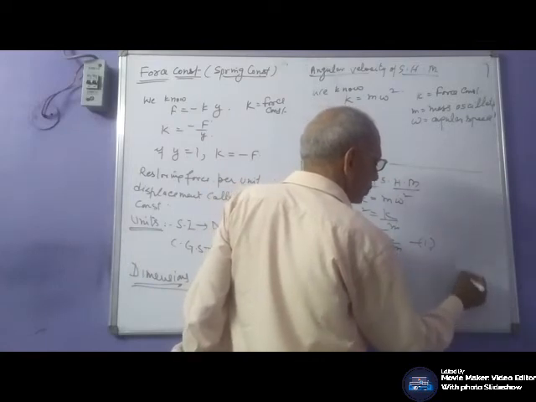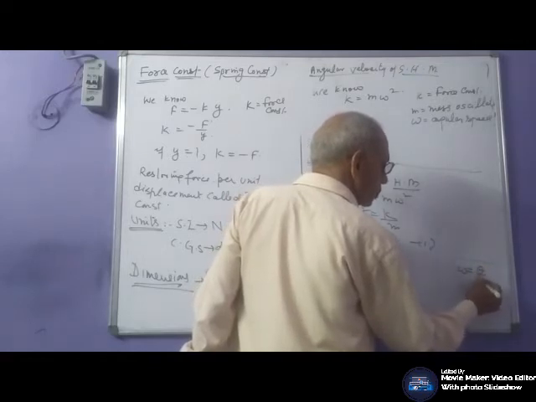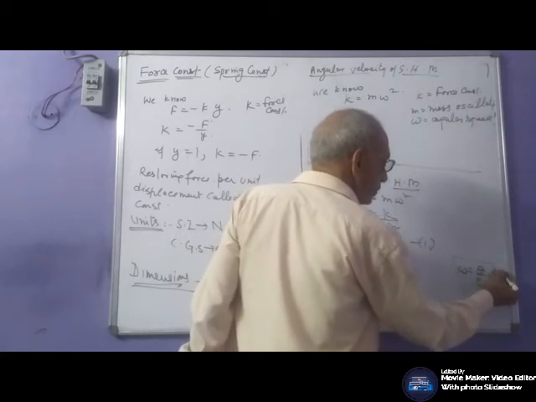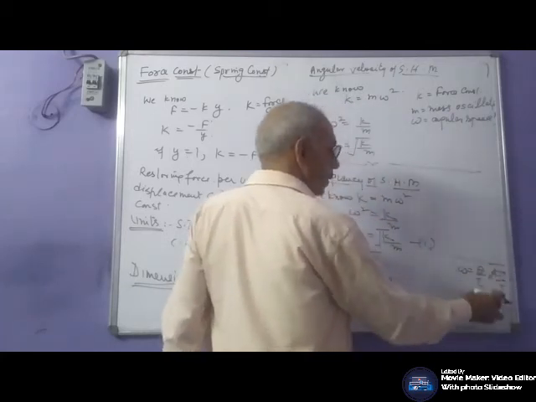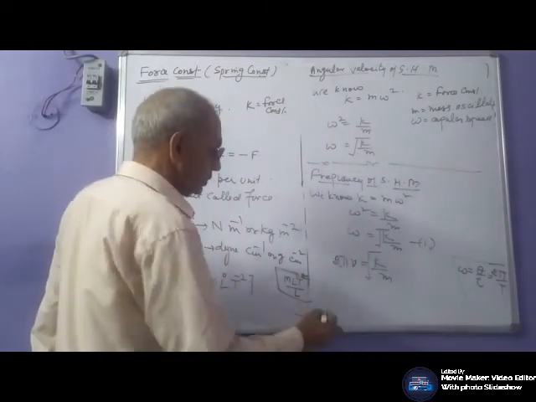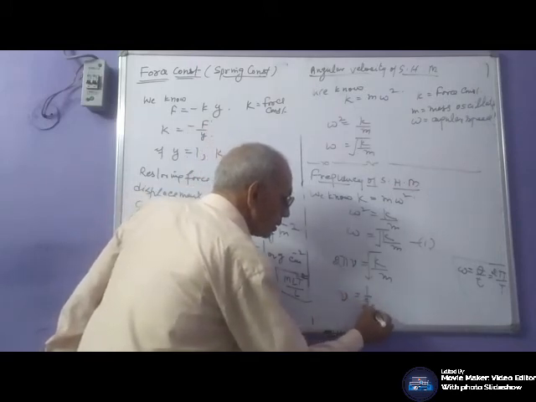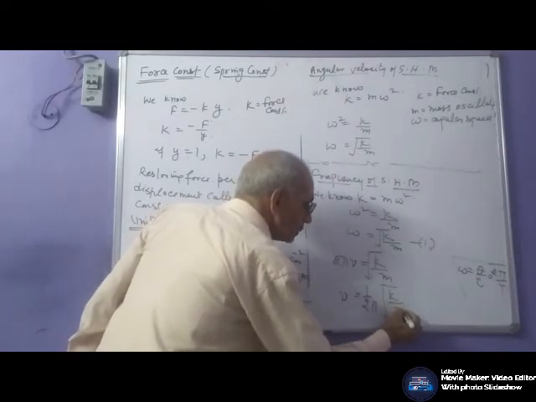Again look, omega is theta by t. If t is capital T, then the angle will be 2 pi, and 1 by T is nu, time period is the reciprocal of frequency. So nu is 1 by 2 pi root of K by m.